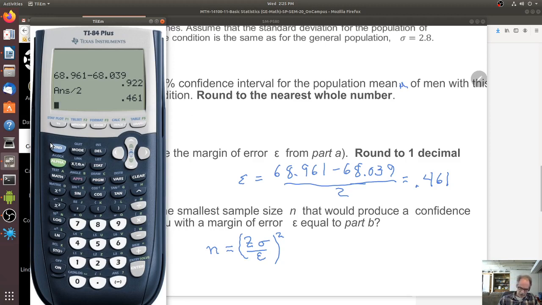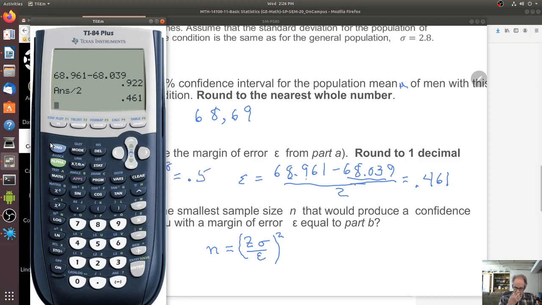So the lower limit rounded to the nearest whole number is 68. The upper limit rounded to the nearest whole number is 69. Right, and then the margin of error is equal to 69 minus 68 over 2, which is equal to 0.5, rounded to one decimal.